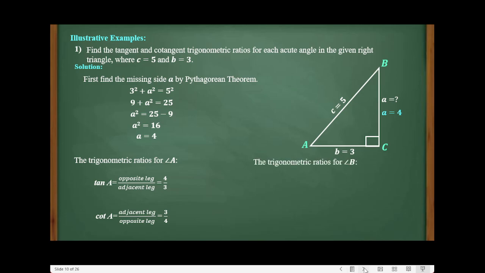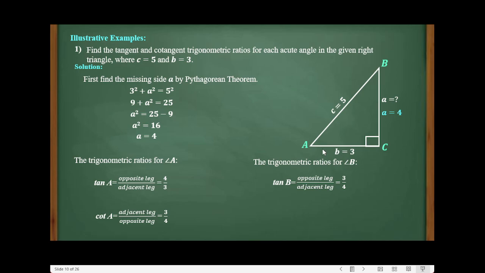So, this time we are in reference to acute angle B, and the tangent of B is defined as the opposite leg over the adjacent leg. The same definition as this tangent ratio, but the difference is the reference acute angle B. Okay? So what is that opposite leg of angle B?